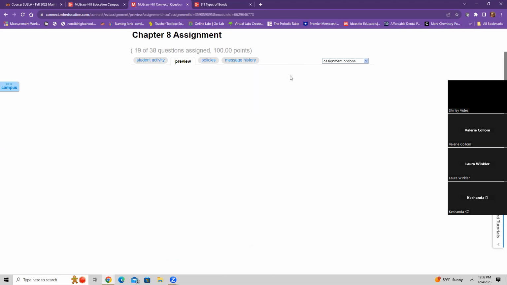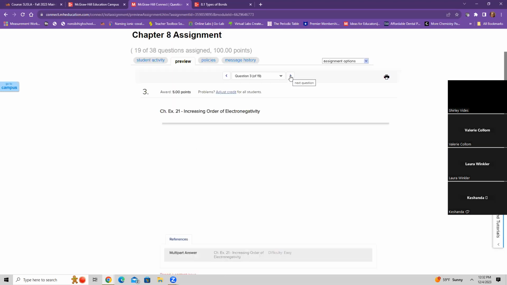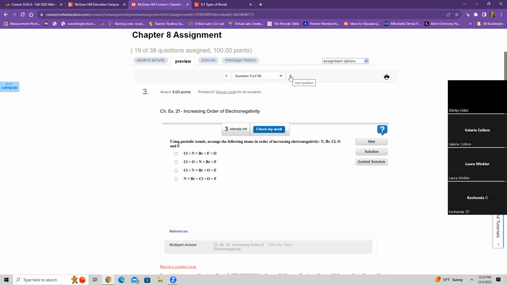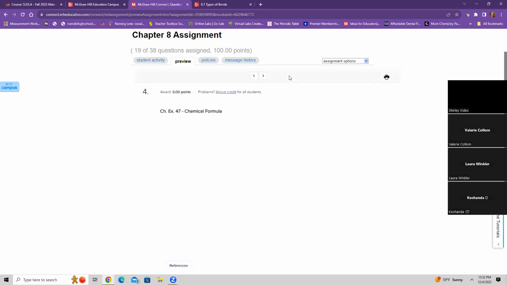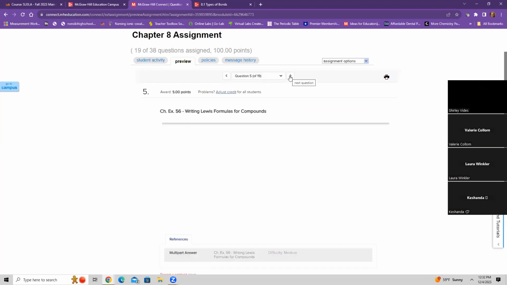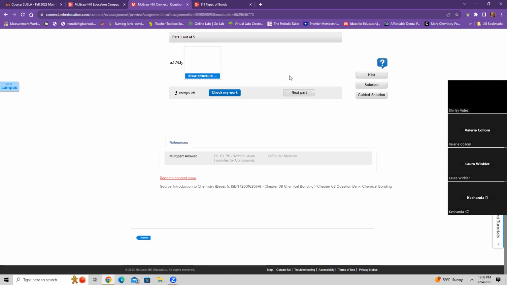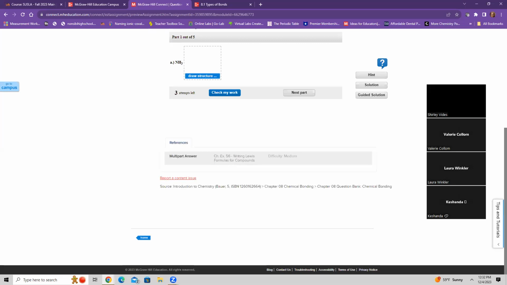So, well, this is not giving me the answer. Yeah, it is. It's right down there. See it? Chemical formula. See, so far, nothing is showing me. Ah, there's one. And this is the one that I did. See, the NH3. This is it right here.